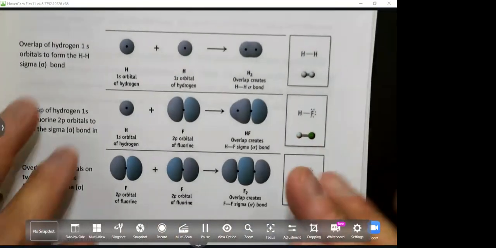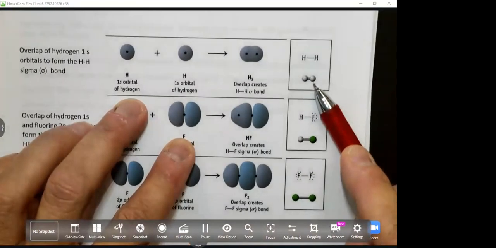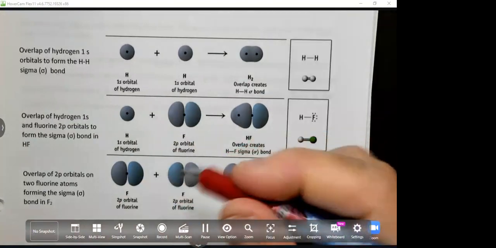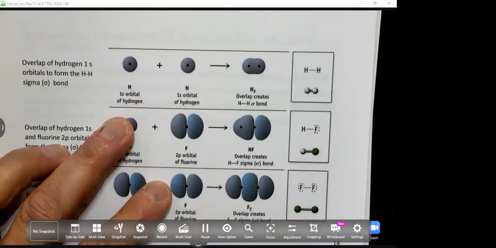So here are some examples. If you just make H2, what do you have? It's pretty simple here. Each hydrogen has one valence electron, correct?